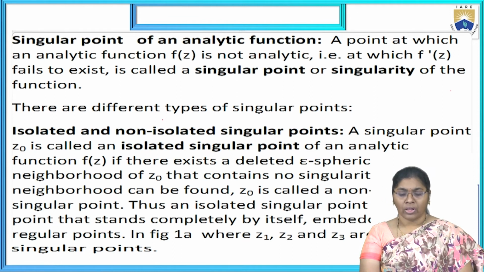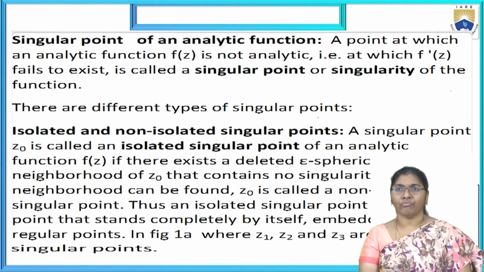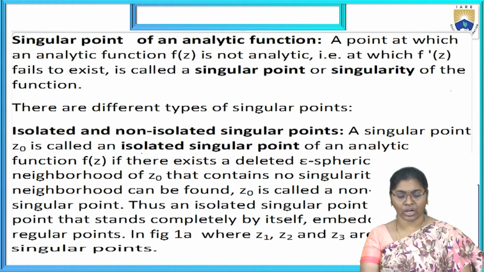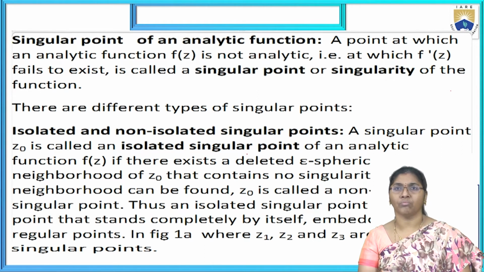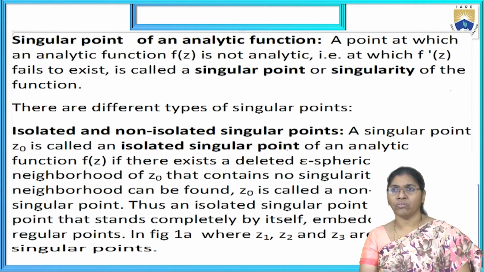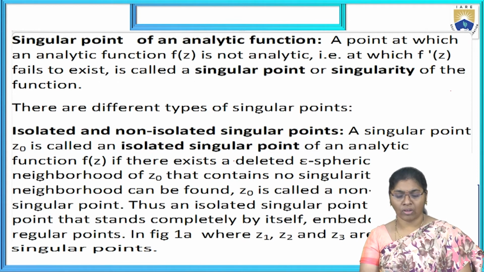There are different types of singular points. The first one is isolated and non-isolated singular points. A singular point z0 is called an isolated singular point of an analytic function f of z if there exists a deleted epsilon neighborhood of z0 that contains no singularity.